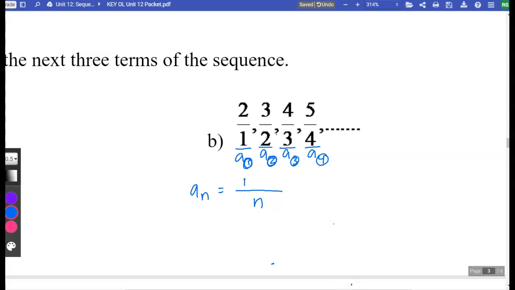Yes! So the numerator is just n plus 1. Meaning, my fifth term is going to be 6 over 5. My sixth term, 7 over 6. My seventh term, 8 over 7. And I'm done.